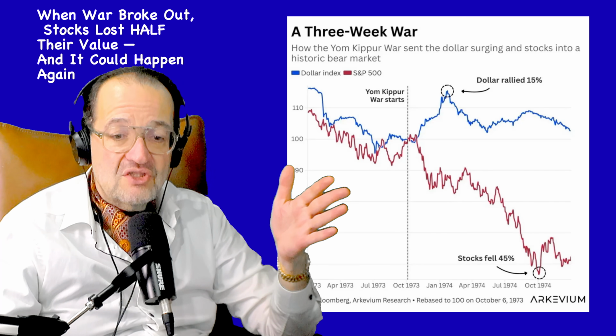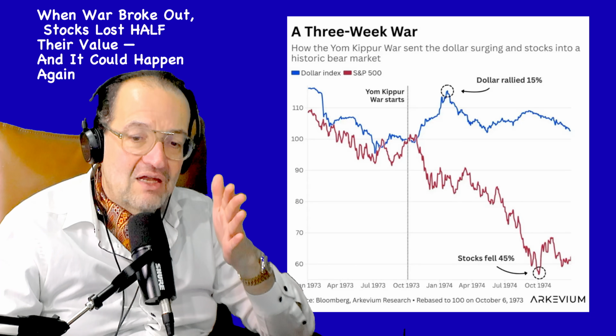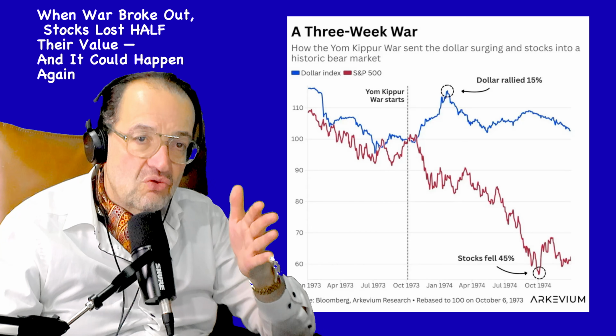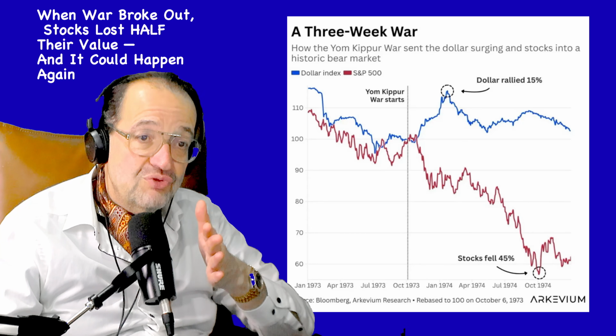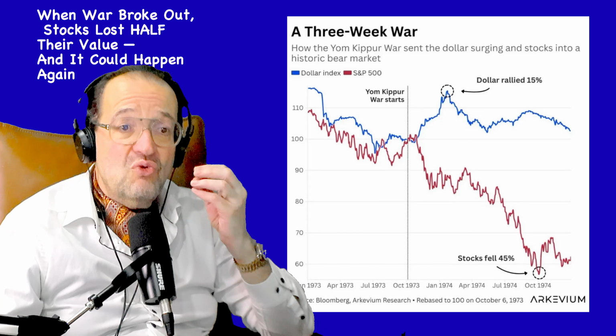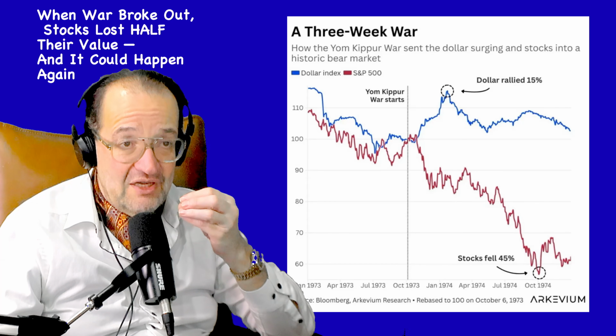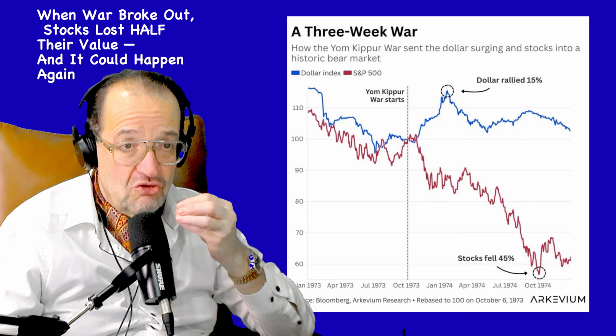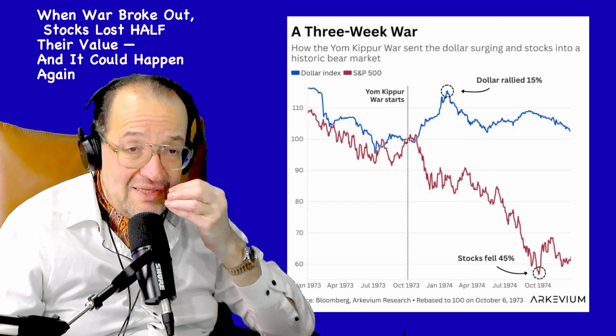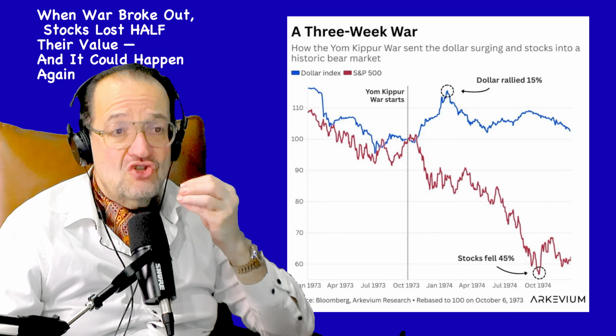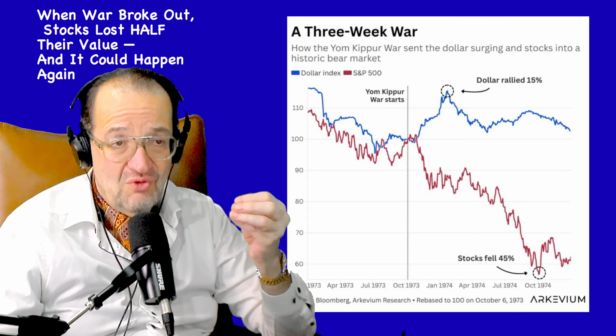Here's a simple logic. When the dollar gets very strong, it makes American companies' products more expensive for foreign buyers. Think about an American car manufacturer. If the dollar strengthens, their car costs more for someone in Germany or Japan to buy. Sales fall. Simple as that.